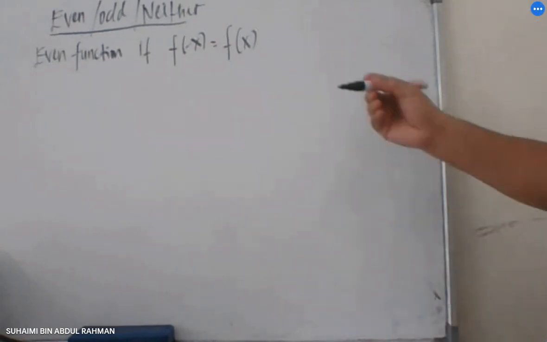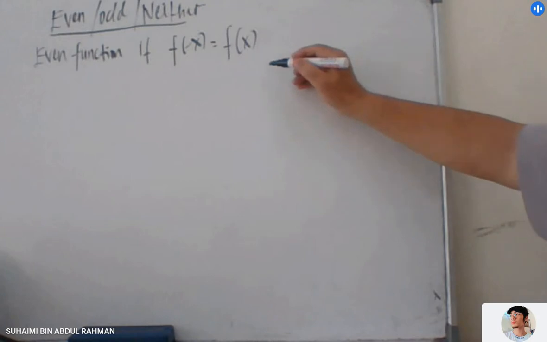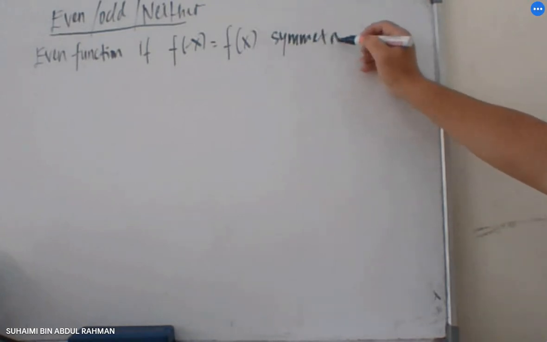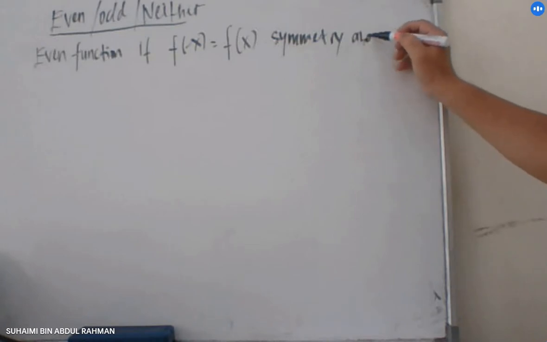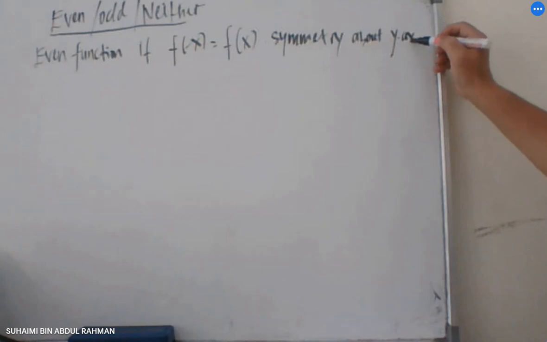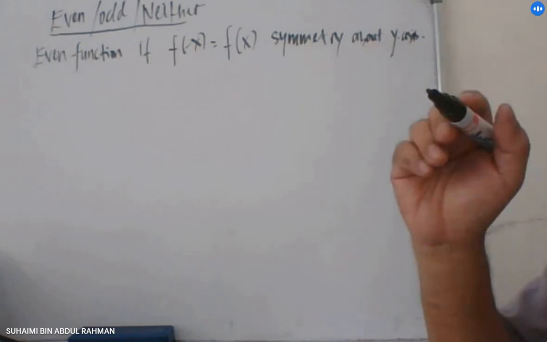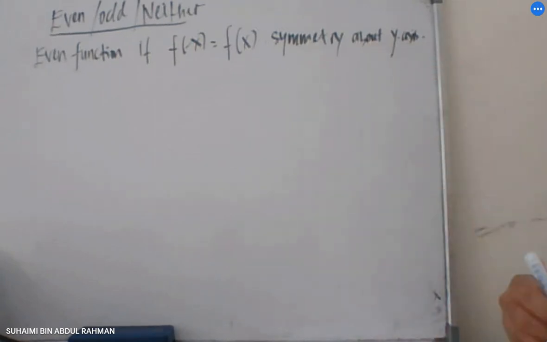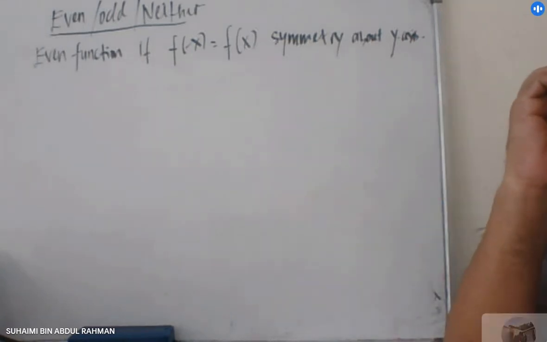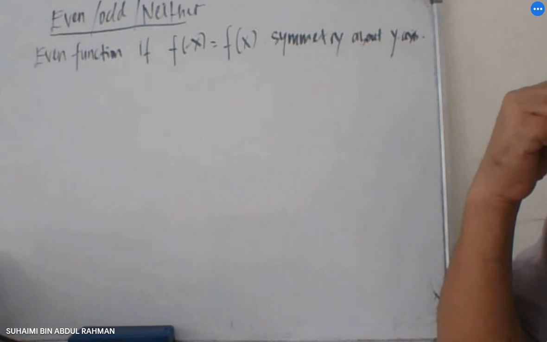And when we look at the symmetry of that function, it's symmetry about y axis. When we talk about graph of the function and we look at the shape of the graph of the function, it will be symmetry about y axis.